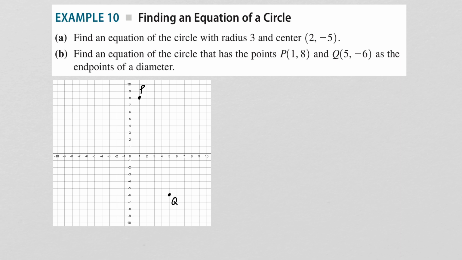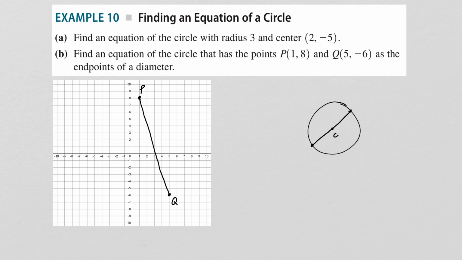Remember, in a circle, a diameter is any line segment that goes through the center of the circle and touches the other side. So if I draw this line segment, we know the center of the circle must be the midpoint of this line segment.